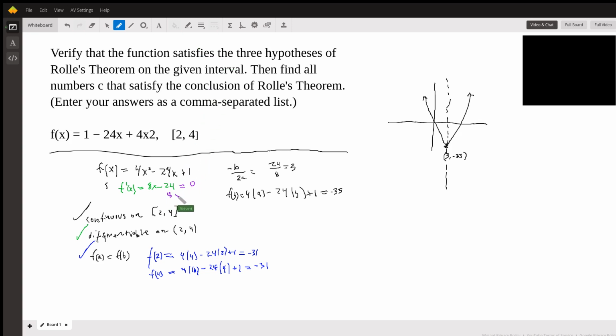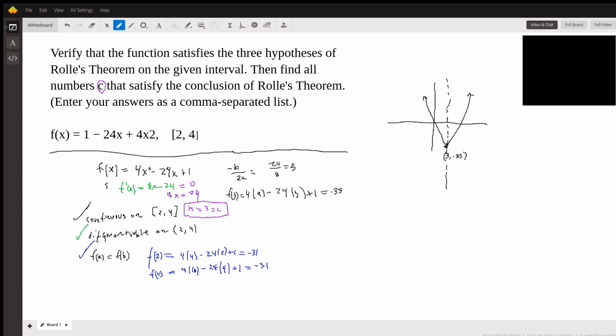So 8x equals 24. So x is equal to 3, which is clearly the value of c. So this is c here. So c is 3. So that's it.